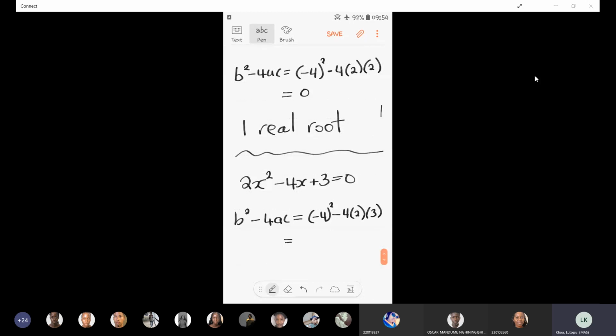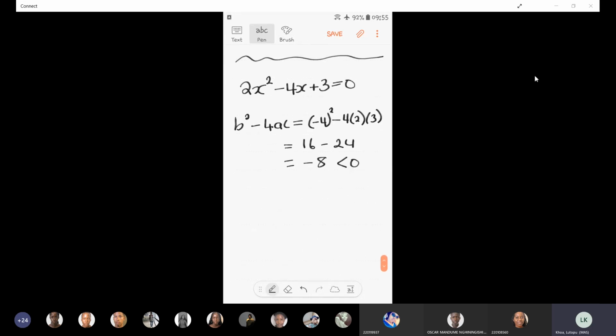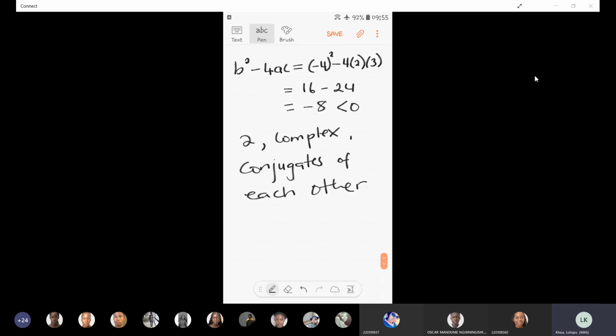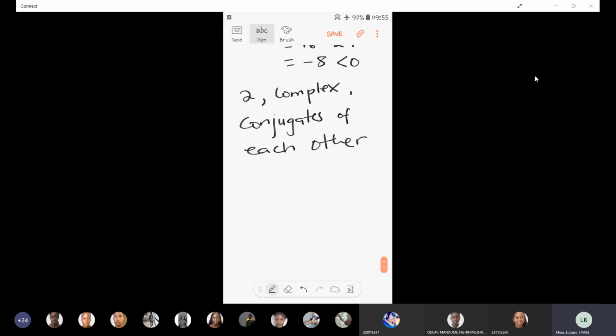So I have 16 minus 24, and this is equal to negative 8. Negative 8 is less than 0, so I know that I will have two roots. They will be complex and they are conjugates of each other. So that's how we use the discriminant to tell us what kind of roots we have.